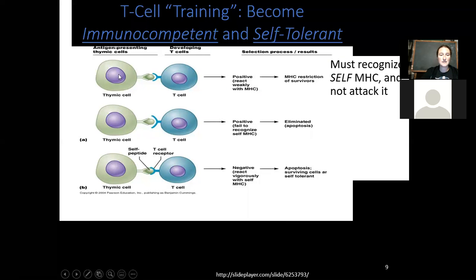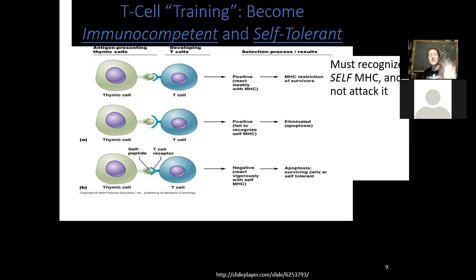Well, here we can see some cells that are within the thymus, right? So these are like the tutors in the thymus itself. And these are the T cells, right? So they're developing, they're still really immature. They still don't really know what's going on quite yet. And so we can't just release them willy-nilly out into the body because they might attack the wrong thing.